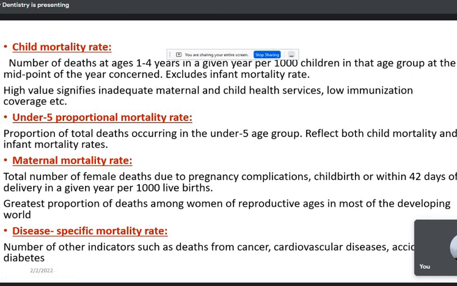Can you unmute yourself? Can you tell me, am I right? I told you the formula of maternal mortality rate: the number of deaths of the mother who have delivered the child divided by the total number of pregnancies into 100 or into 1000. Am I right?